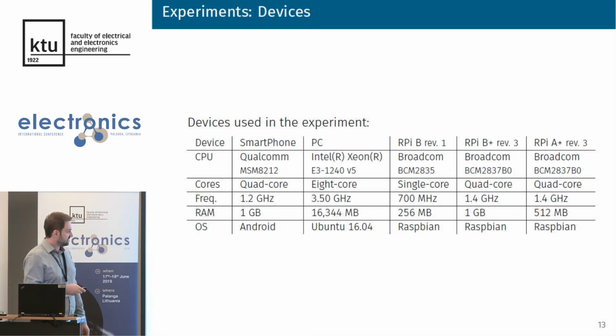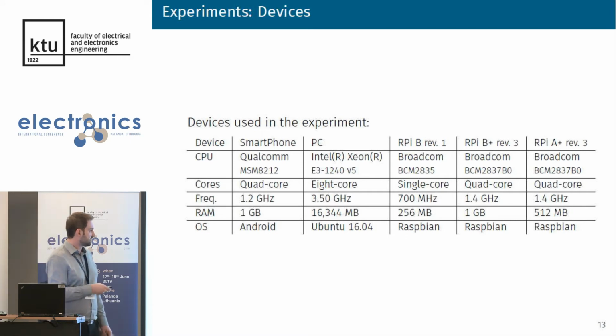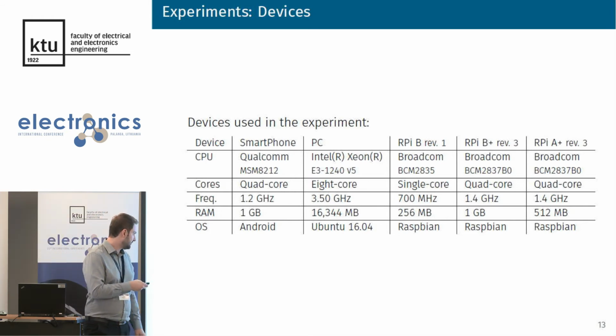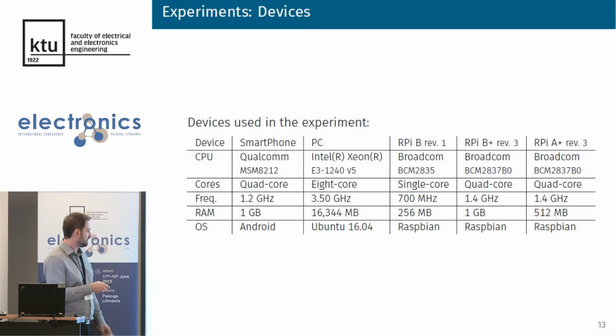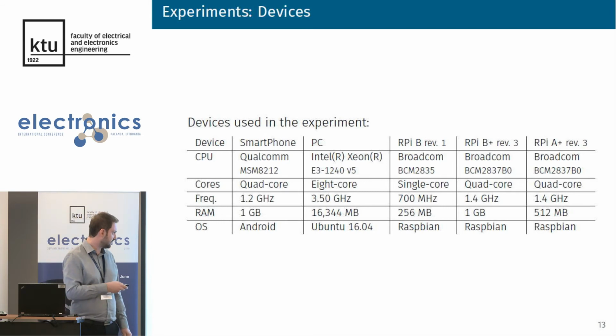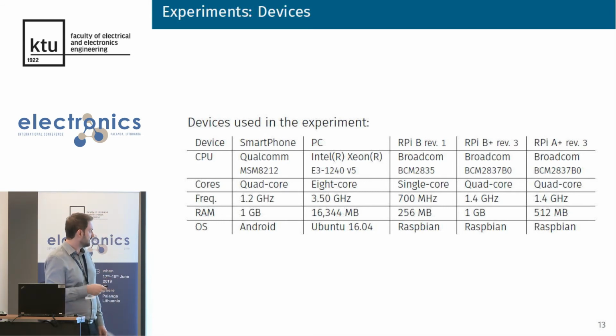The other two Raspberry Pi devices are the latest ones, Model B Plus and Model A Plus, using a Broadcom quad-core CPU at 1.4 gigahertz and 1 gigabyte of RAM, and the last one has 512 megabytes of RAM. All of the Raspberry Pi devices are running Raspbian OS.